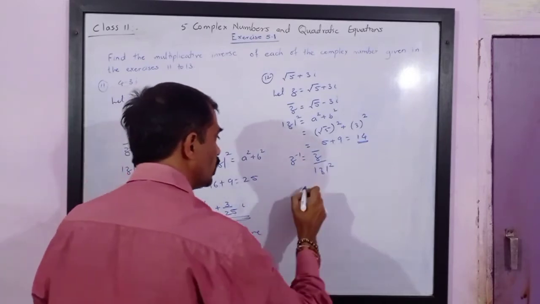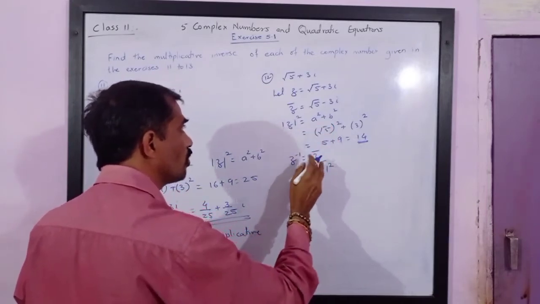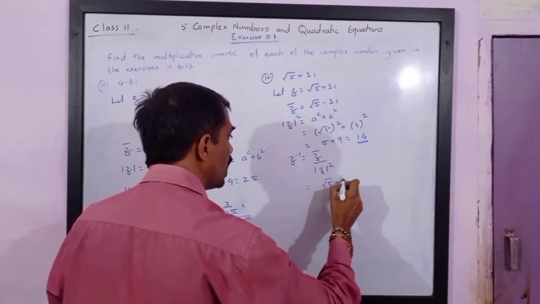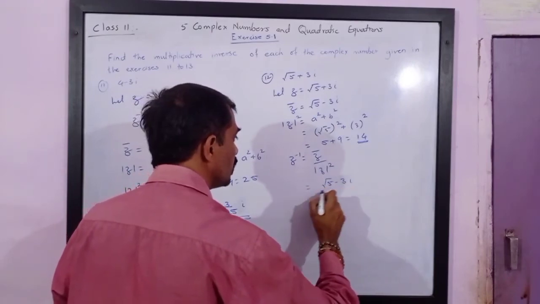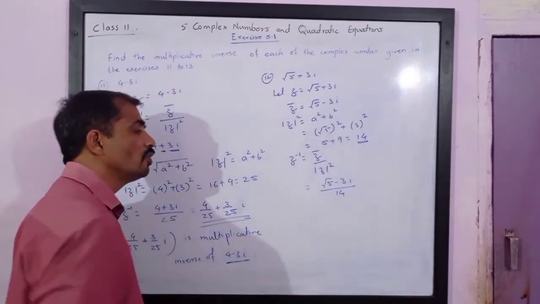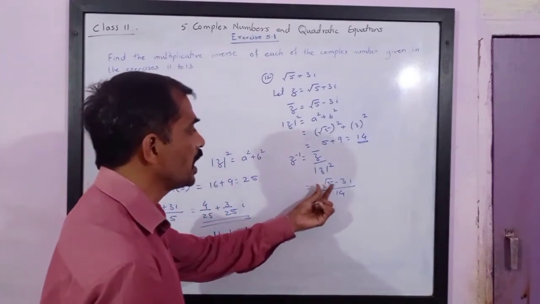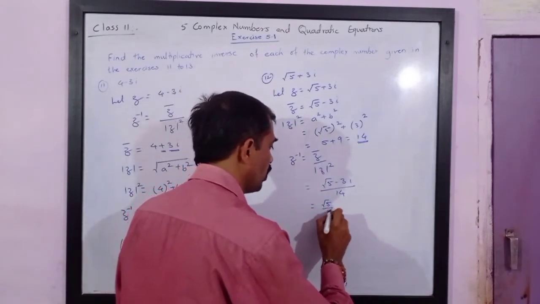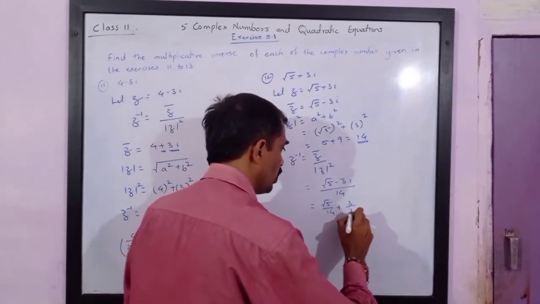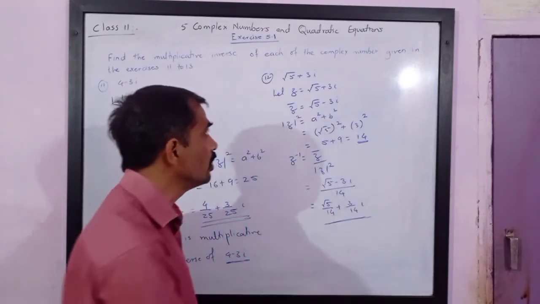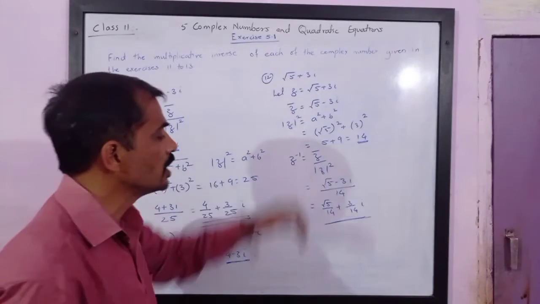So this is equal to, conjugate of the complex number is root 5 minus 3i, upon 14. Now if you write the real part separately and the imaginary part separately, we will get root 5 upon 14 plus 3 upon 14i. This is the multiplicative inverse of root 5 plus 3i.